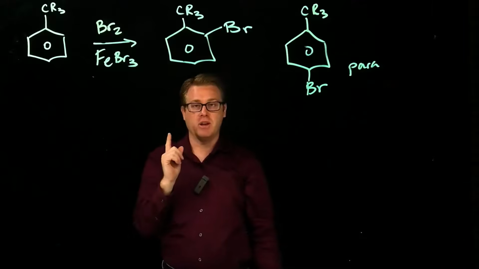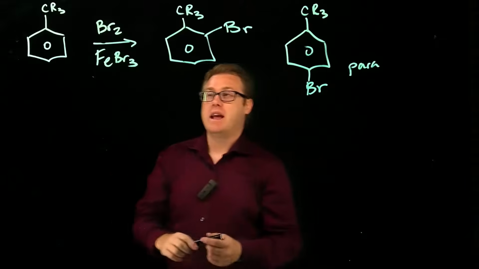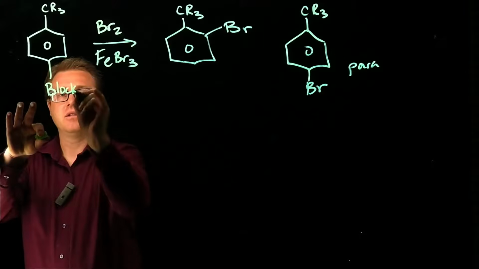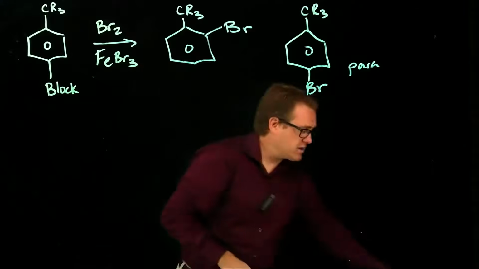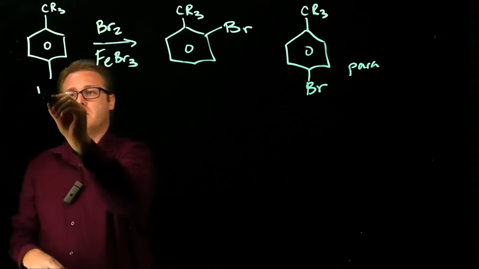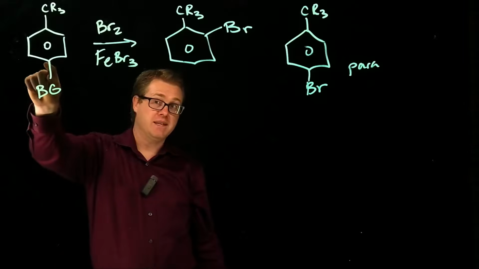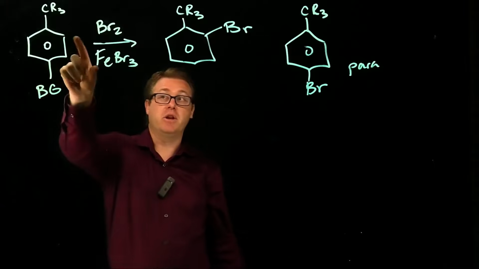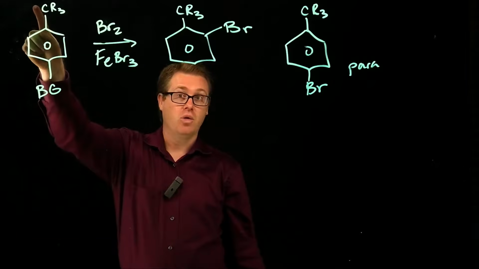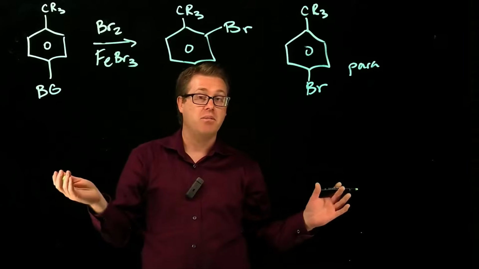And this is the cool thing, what you can do is you can block. You can put a blocking group here. Let's represent it by BG for blocking group. If you can put a group on the para position, then when you do this reaction, there's no other choice because this alkyl group is ortho-para directing, and the para position here is just taken up.